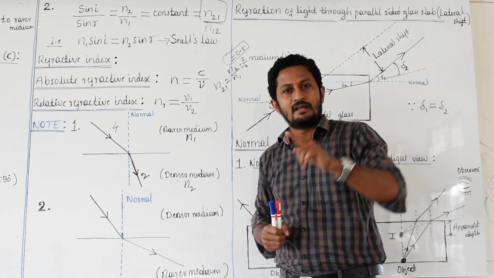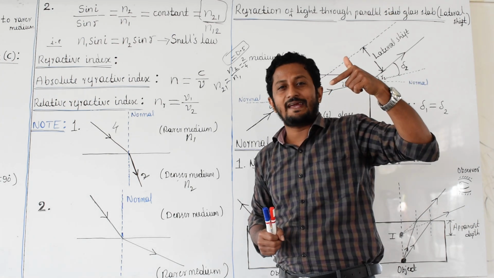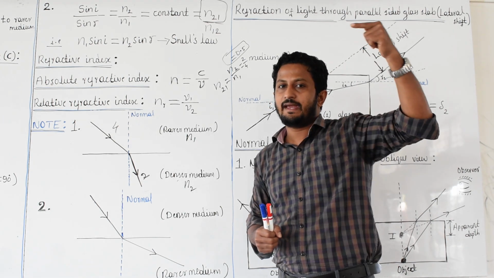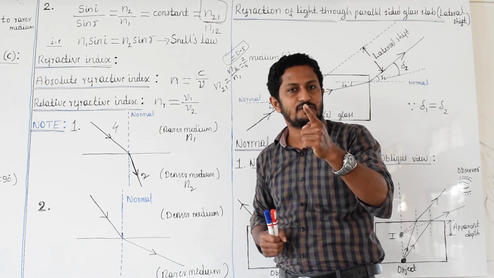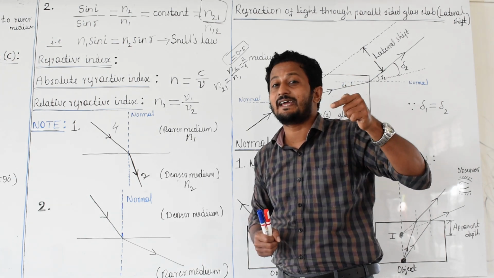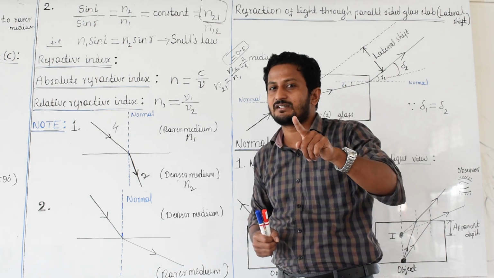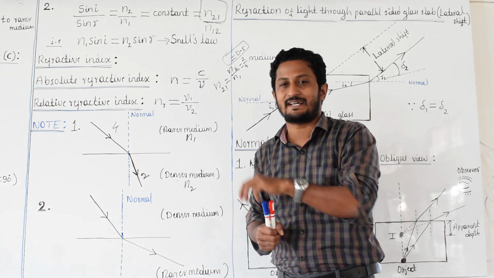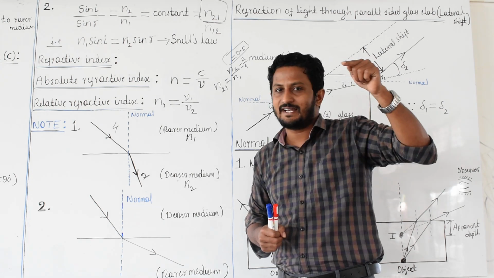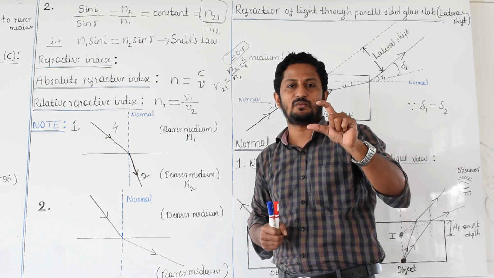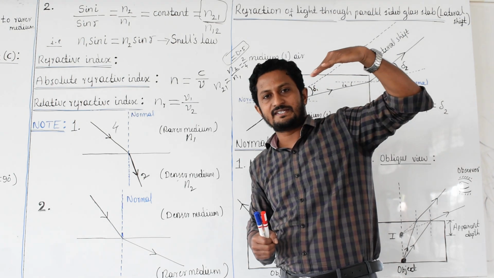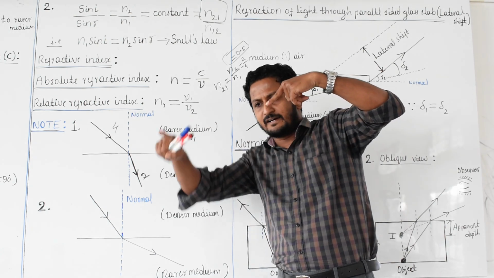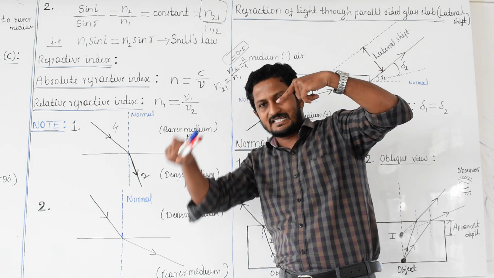Here, when light comes from air and enters into glass, two media, air and glass, the speed of light in air or vacuum is 3 into 10 to the power of 8 meter per second. Light comes in air with that speed and enters into the glass slab.